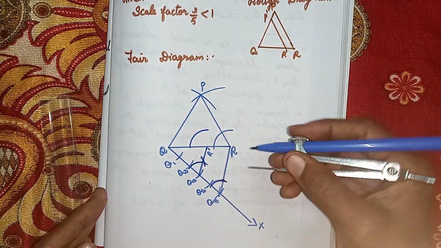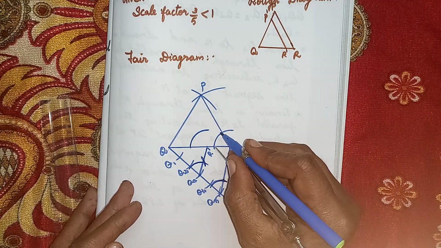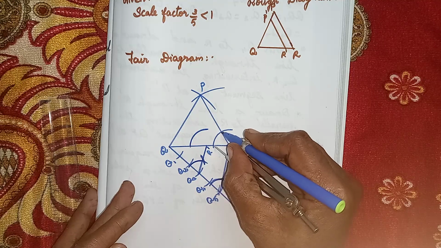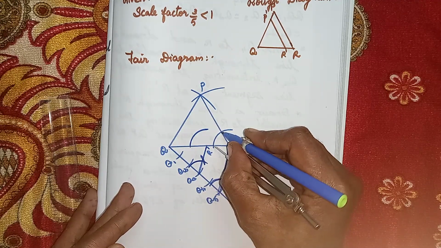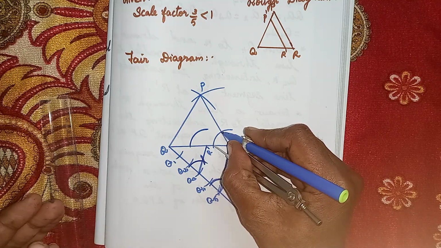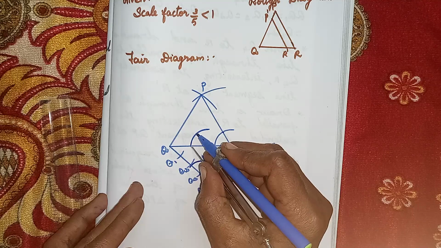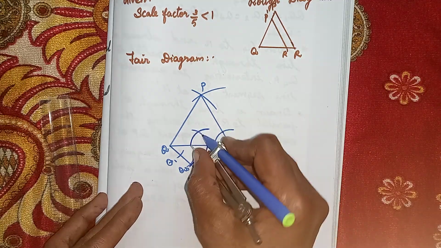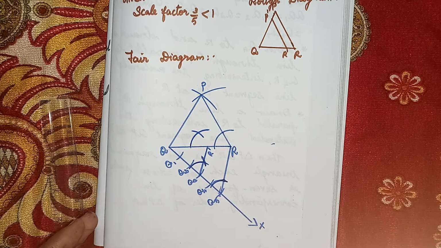Now again we have to measure this distance. What is this distance? This much you have to measure with the compass. From here to here, with the same measurement you have to put the arc.